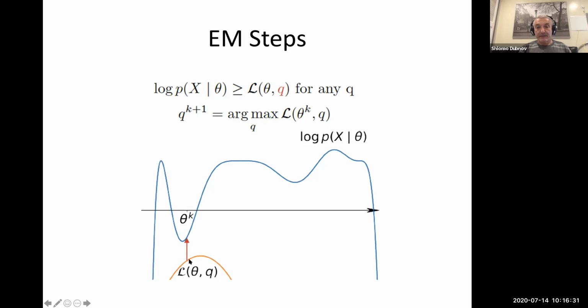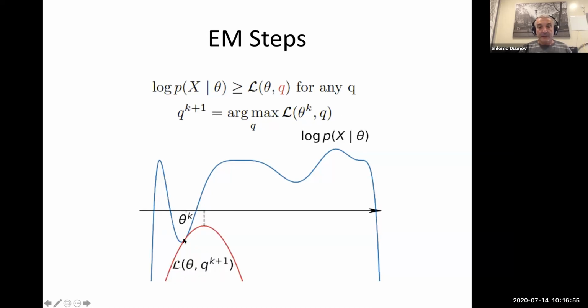So if this is the model, we basically take the argument that will give us the likelihood in the world of these functions, p of x, and we kind of match this one, and we update our q.